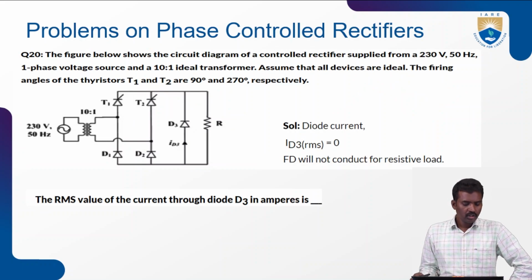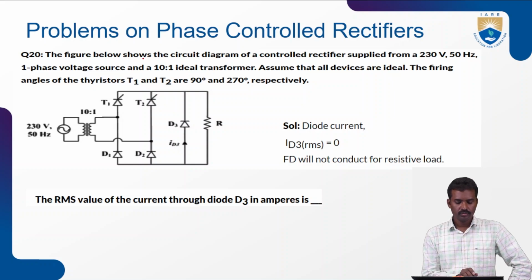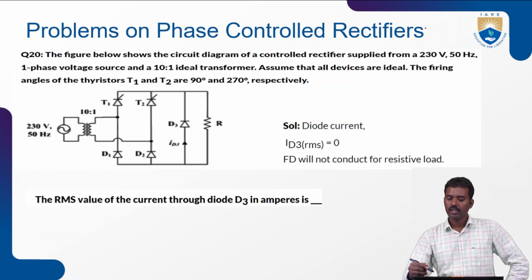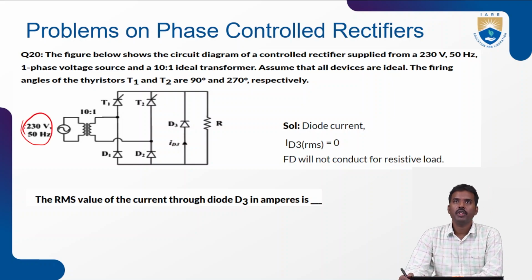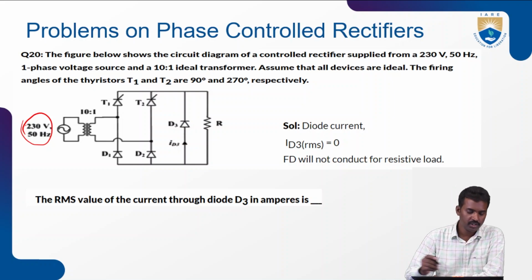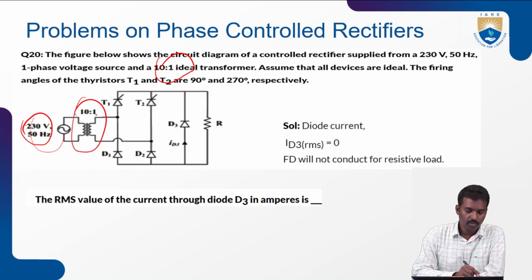Next, the figure shows the circuit diagram of a controlled rectifier supplied from a 230 volts, 50 Hz single phase voltage source, and here is an ideal transformer, 10 by 1.